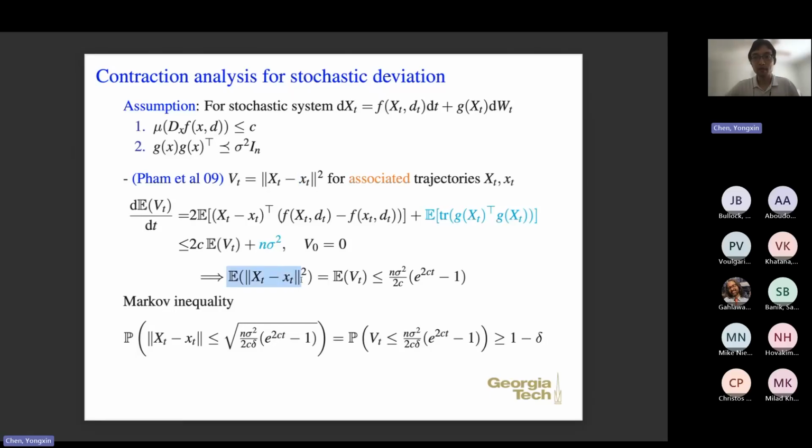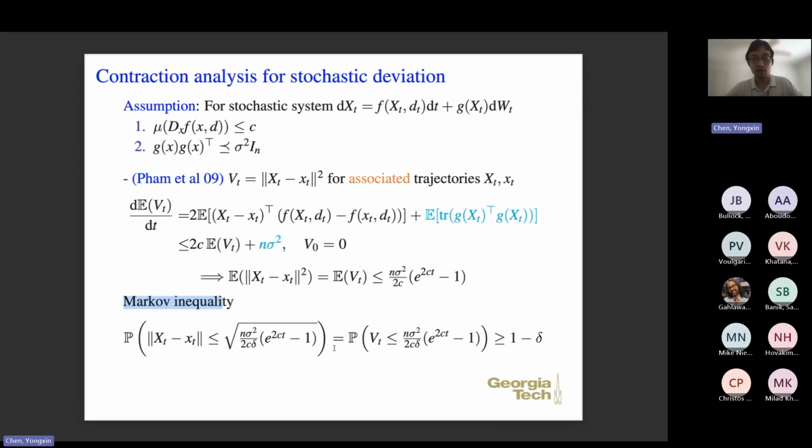Basically, for a stochastic system, you can also conclude the MSE between these two trajectories can be bounded above, and this is in terms of expectation. Now, if you want to know the probabilistic bound, which means this distance is less than a certain value with high probability, you can apply the Markov inequality, or the same as the Chebyshev inequality.